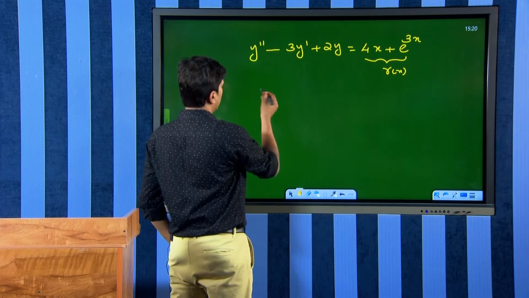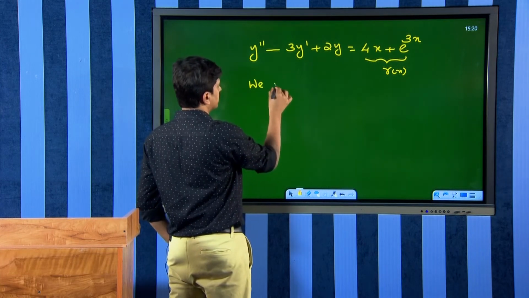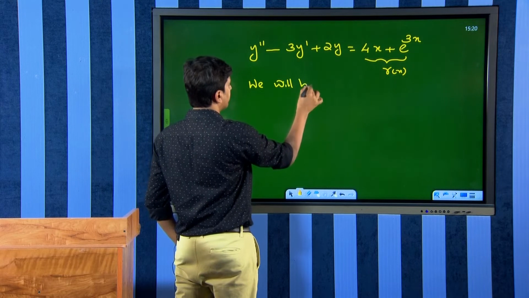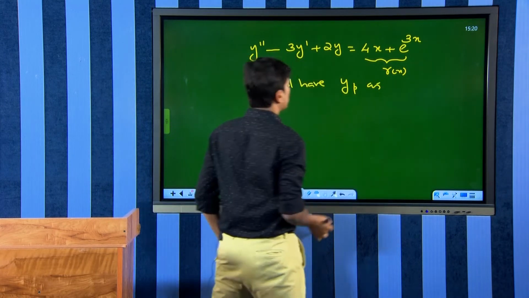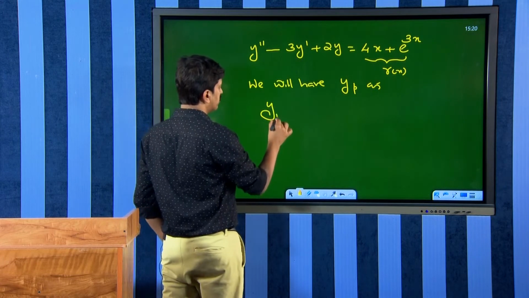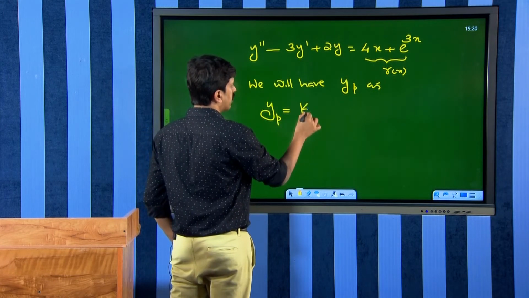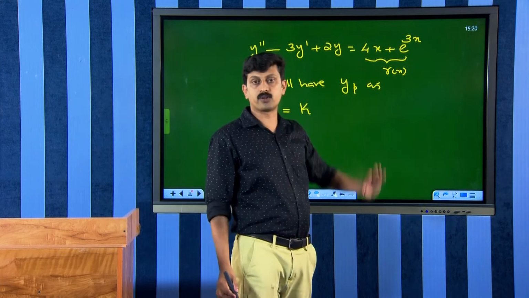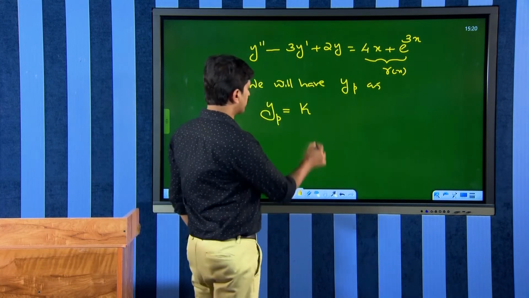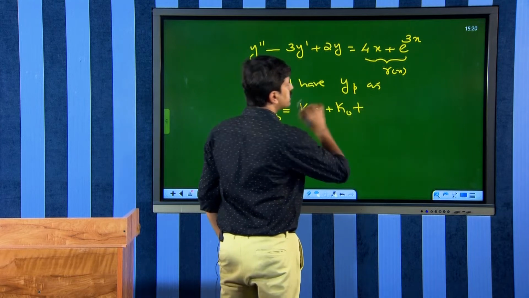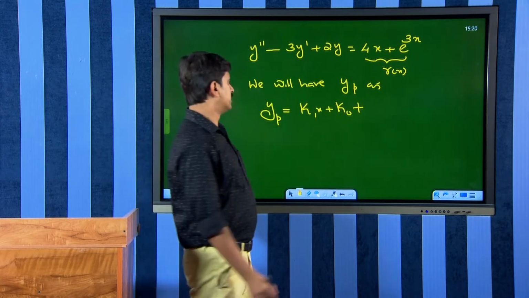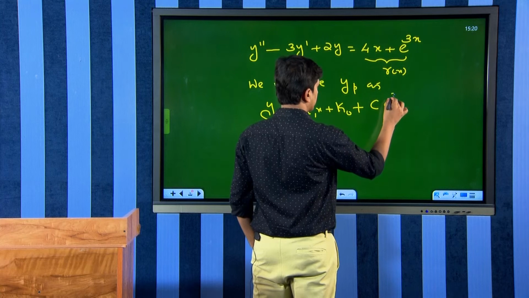So we will have yp equal to, because 4x is a first degree polynomial, k1 of x plus k0, and plus c e raised to 3x.